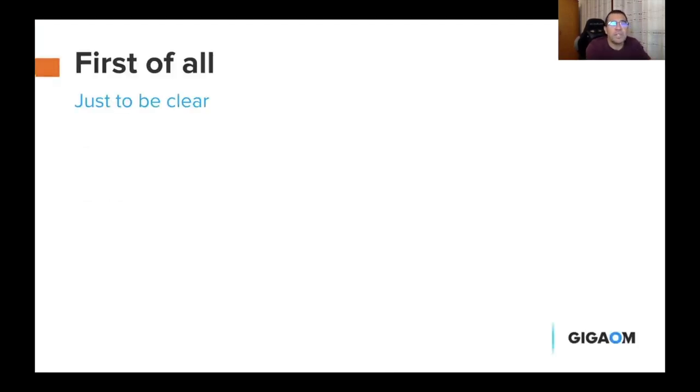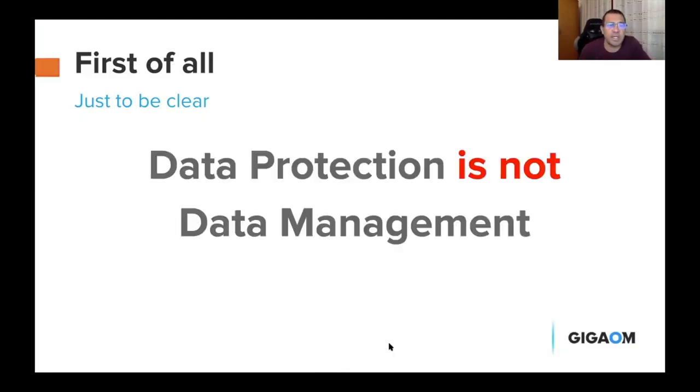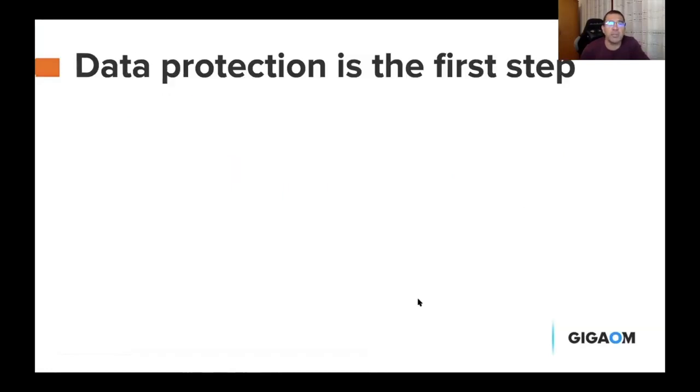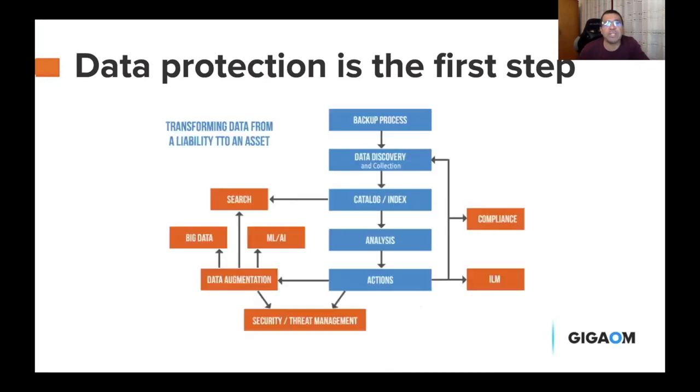First of all, just to be clear, data protection is not data management, okay? Actually, if we look at the entire process, data protection is the first step. The backup process in general is when you start collecting data, ingesting data for the data management. Then you need to do something with this data.